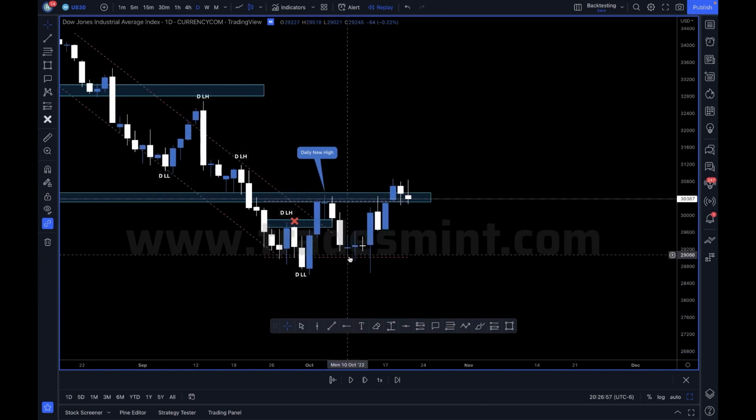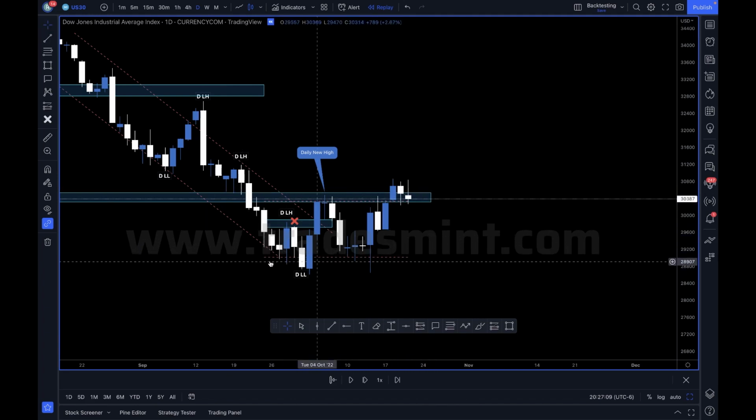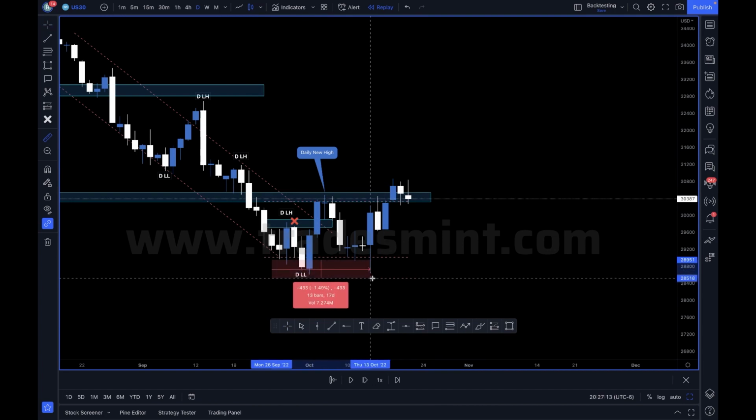See, this is indecision here, letting us know that this could potentially be the accumulation, when price just stays in a particular zone between two areas. So these are a few days, okay? This is 17 days ranging here, okay?